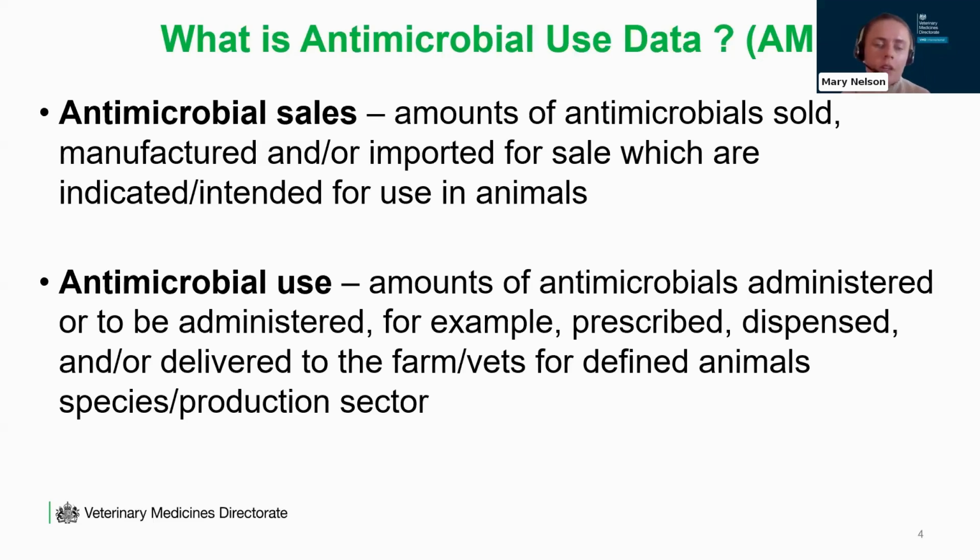But today we're solely talking in the context of antibiotics when we refer to antimicrobials. Commonly this can be either sales data at the point of production or use data at the point of prescription and use by the sectors.